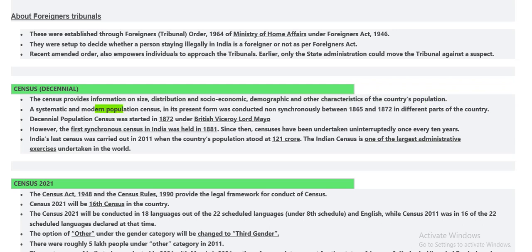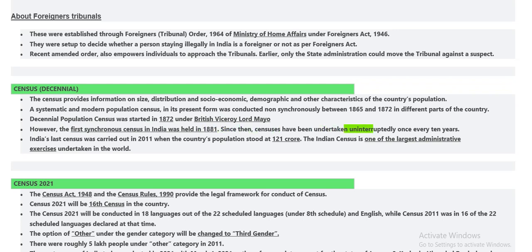Census, decennial. The census provides information on size, distribution and socio-economic, demographic and other characteristics of the country's population. A systematic and modern population census, in its present form, was conducted non-synchronously between 1865 and 1872 in different parts of the country.